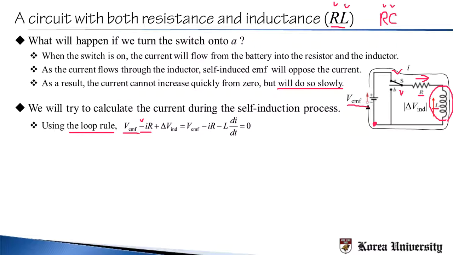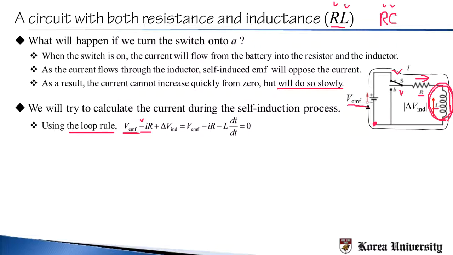Okay. And then you come across this inductor. Along the direction of the current, what kind of potential difference will there be? Of course, if you go back one slide, there is an equation that is conveniently used.